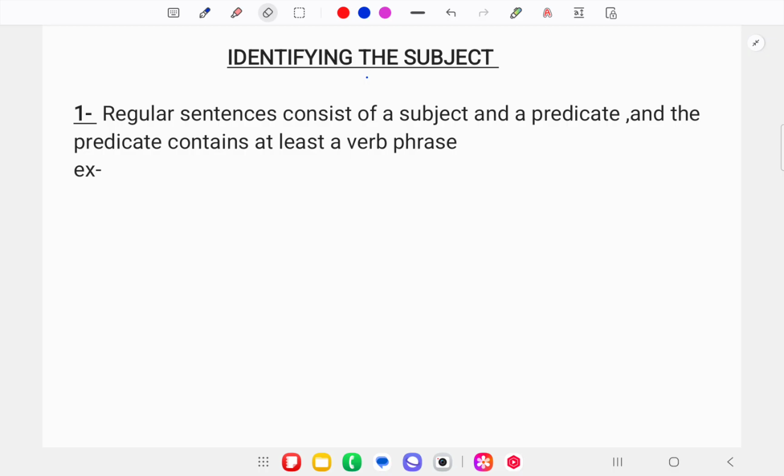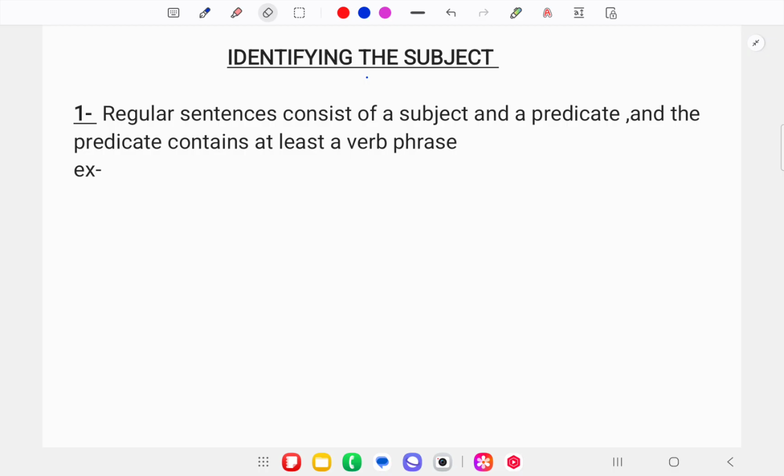Dear friends, in this lecture we will discuss one of the basic terminologies of grammar, which is to identify the subject. Especially this lecture is for those students who are learning grammar from basic levels.